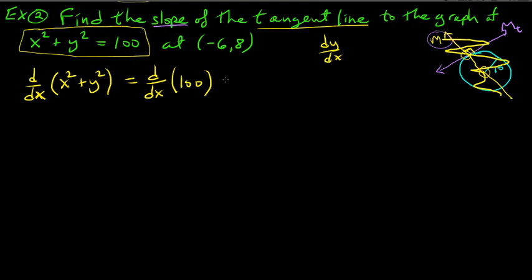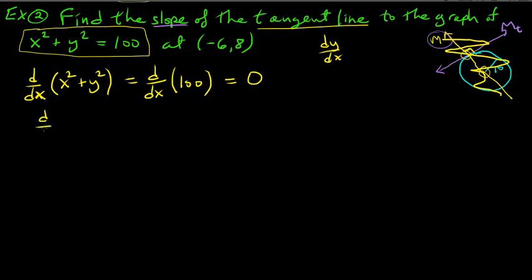Okay, again, the right side is easy. The derivative of 100 is 0. Now, that may not always happen, right? We'll try to do another example where you don't get 0 on the right. But the point is, when it's an equation, you can always subtract everything from one side, leaving you with 0 on the right, or with just a number on the right in this case. Right, so the left side's a little trickier.